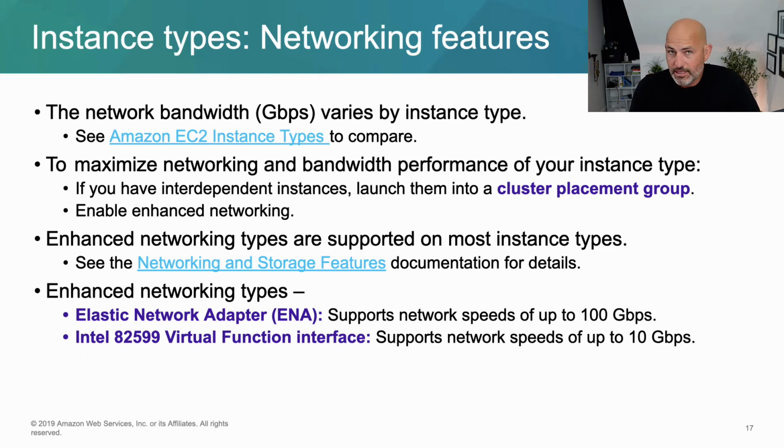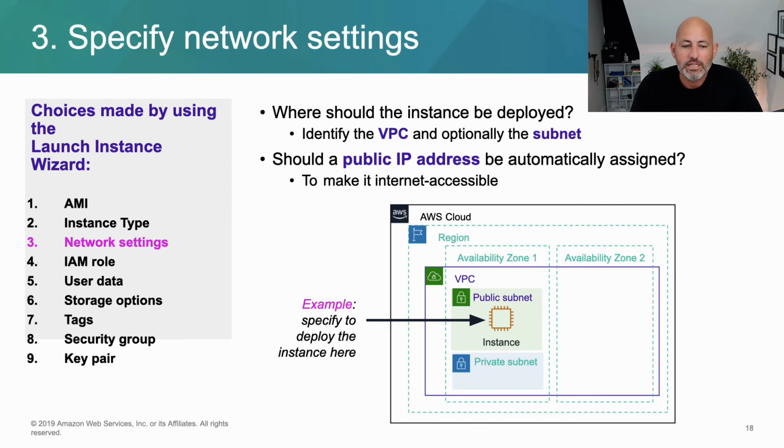As I mentioned earlier, networking can really be one of the subtle things that you have to pay attention to. I personally would prefer to use the best networking that they give me. In terms of network settings, a thing to be aware of is the VPC and optionally the subnet, and also whether the public IP address should automatically be assigned to make it internet accessible.